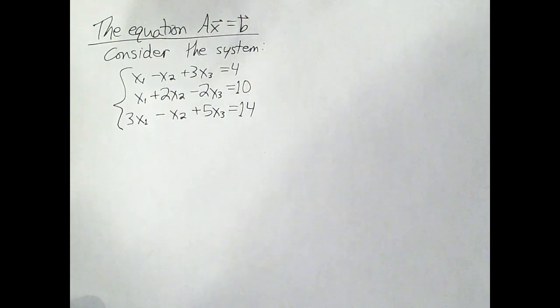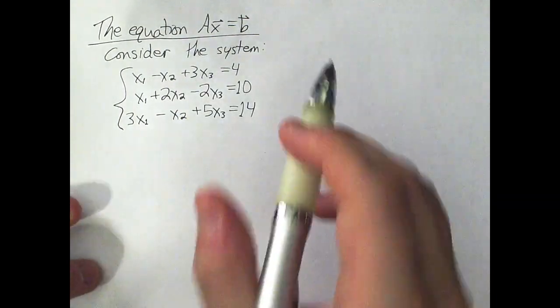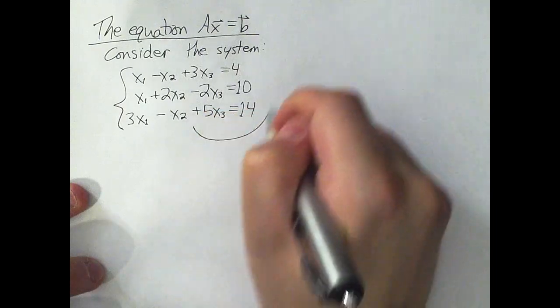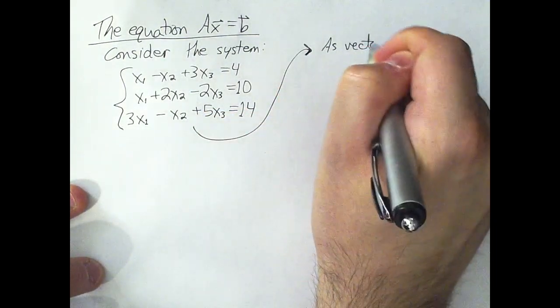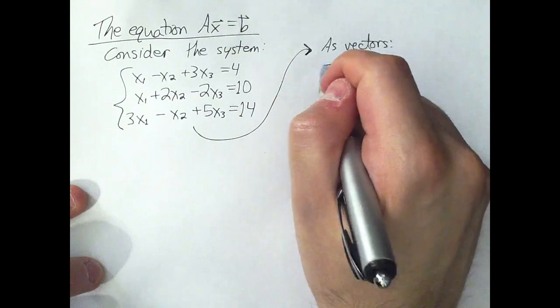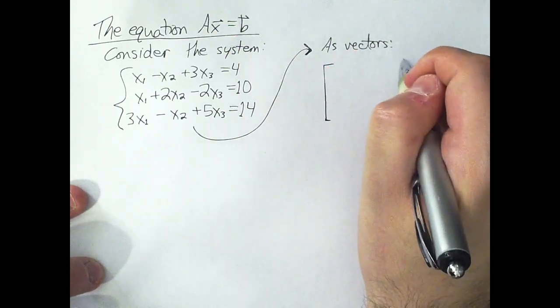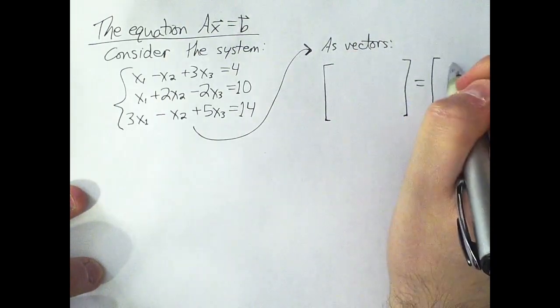So this is a linear system, a system of equations. We could think of it as vectors. What if I wrote a vector on the left equals a vector on the right?